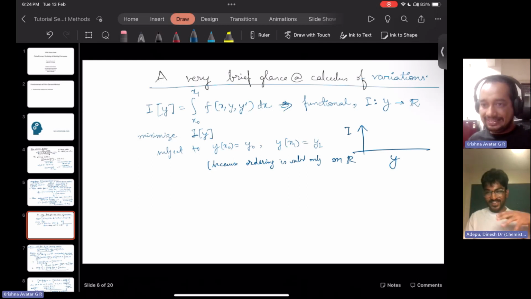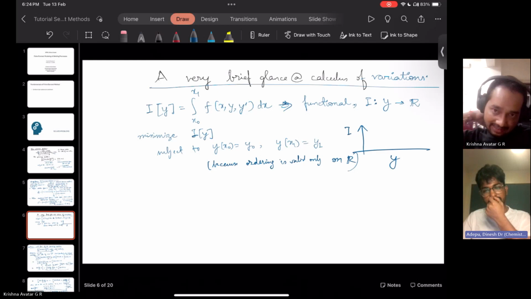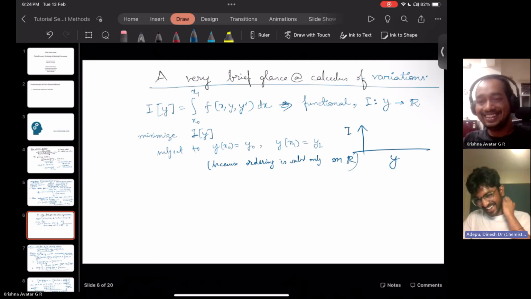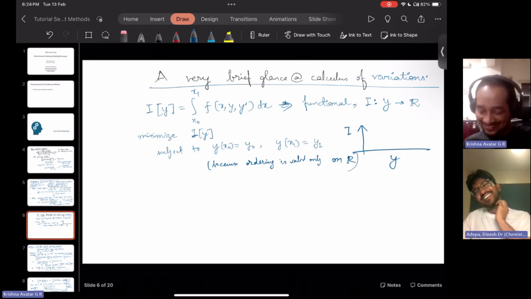Only on real numbers can we define what is known as less than or equal, or greater than. People may ask, how are we able to order the alphabet? The thing is, those are placeholders.